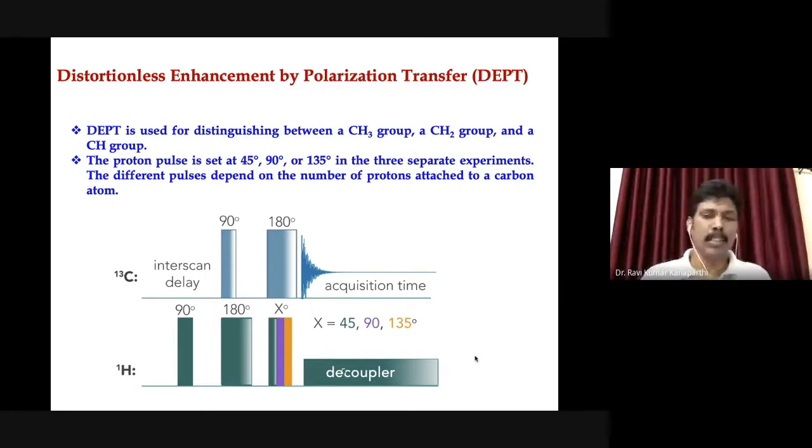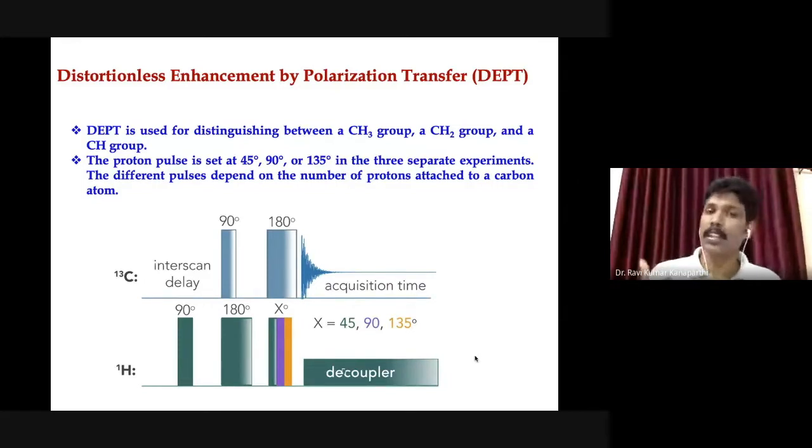I showed you a couple of C13 NMR spectra, of ethyl benzene and diethyl ether also. All the carbons will give signals, but this one is special in the sense that it will differentiate one from the others. I must tell you it is not a simple technique like a C13 NMR spectrum.